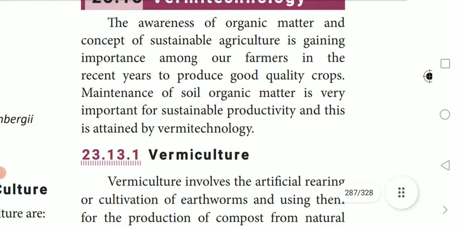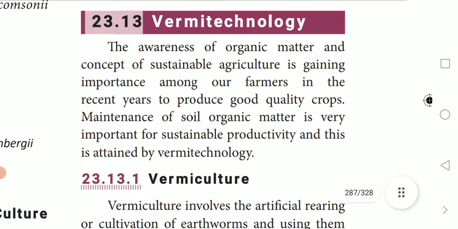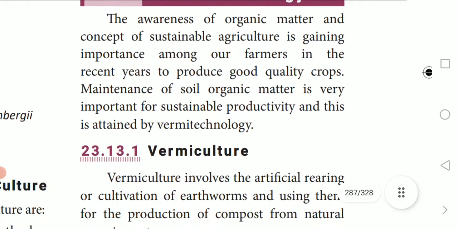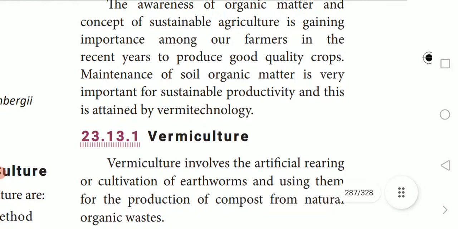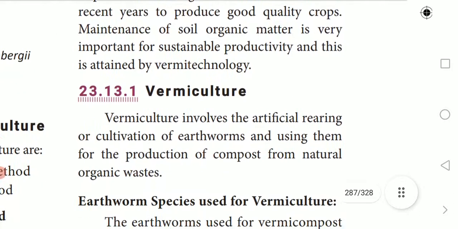Maintenance of soil organic matter is very important for sustainable productivity, and this is attained by vermi technology. With the help of worm activities, they get organic manure, organic matter, where they can cultivate good quality crops.